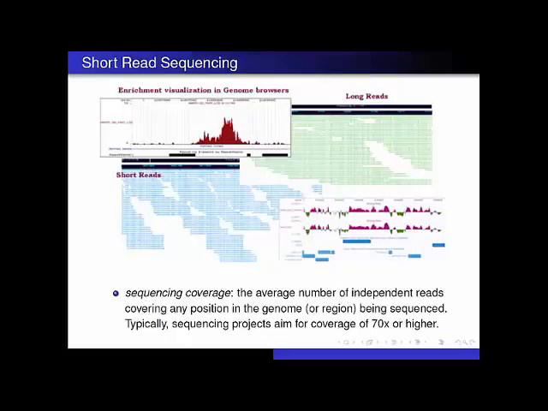So here are some example views of what that looks like in a so-called genome browser viewer. As I said, the horizontal axis here represents position in a piece of genomic sequence. This is zoomed in very small, so actually that length here, let's say that's 100 nucleotides in length. So each one of these little lines is a single short read, okay?